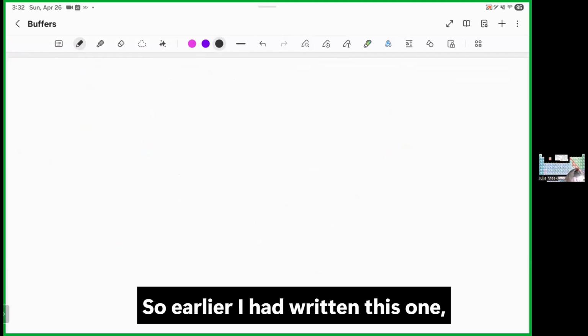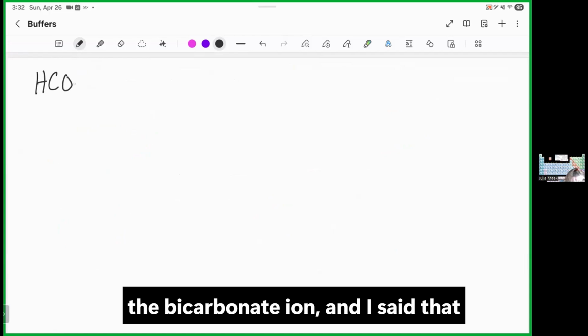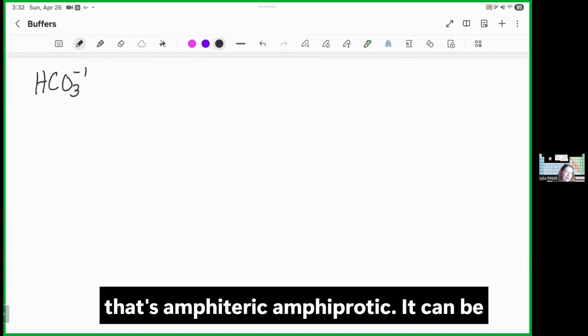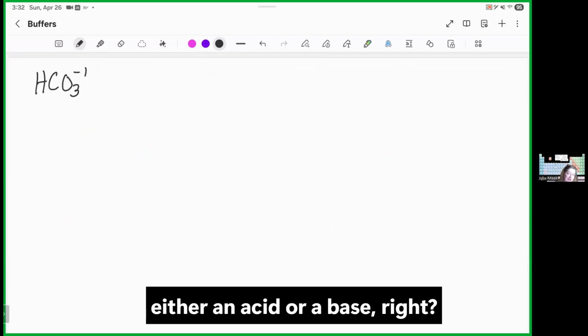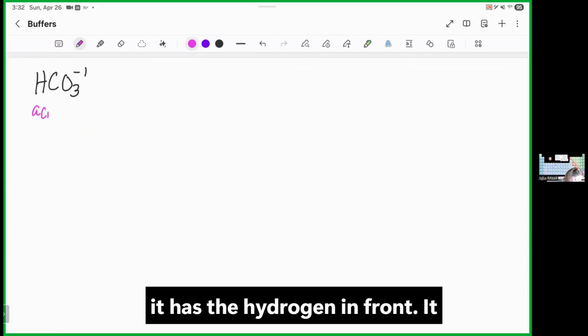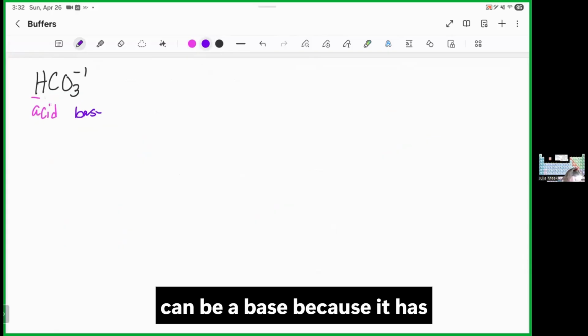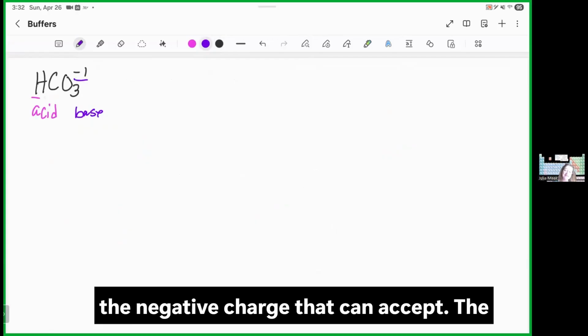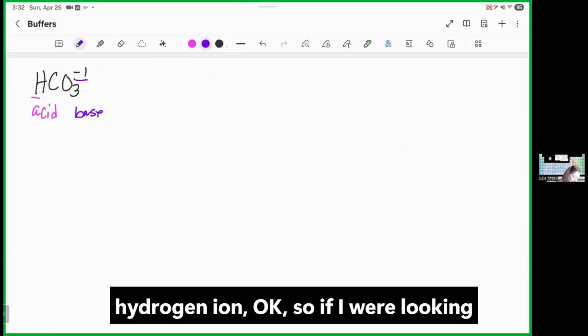So earlier I had written this one, the bicarbonate ion, and I said that that's amphiprotic. It can be either an acid or a base, right? So it can be an acid because it has the hydrogen in front. It can be a base because it has the negative charge that can accept a hydrogen ion.